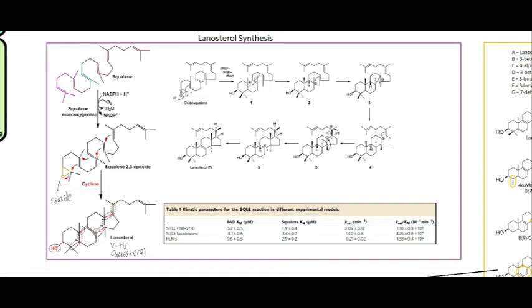But because the electrons go towards this bond, we end up with this positive charge here. And so the electrons on this one are going to be attracted to that positive charge there to generate another ring, but it's also generating another positive charge. So the electrons in this double bond go to that one to form another ring, and then we end up here with this positive charge here.